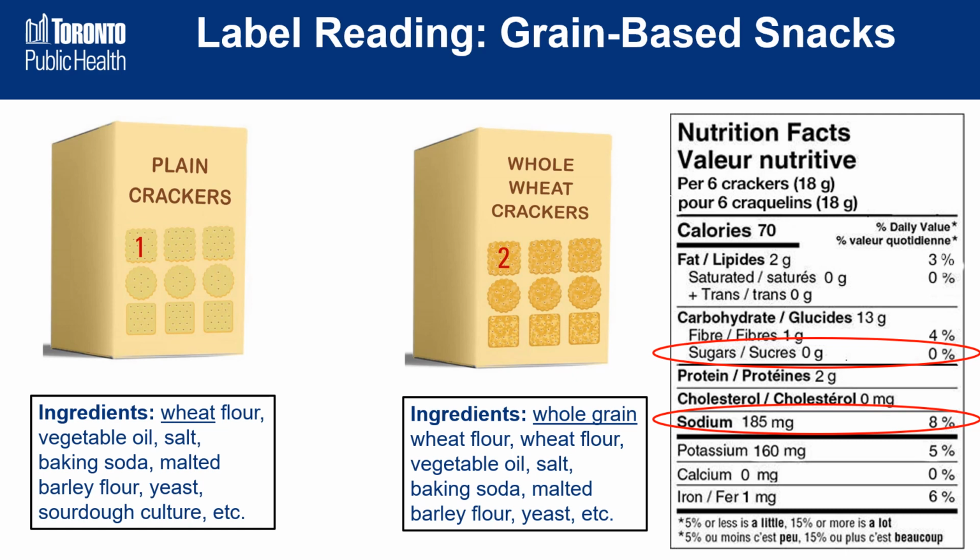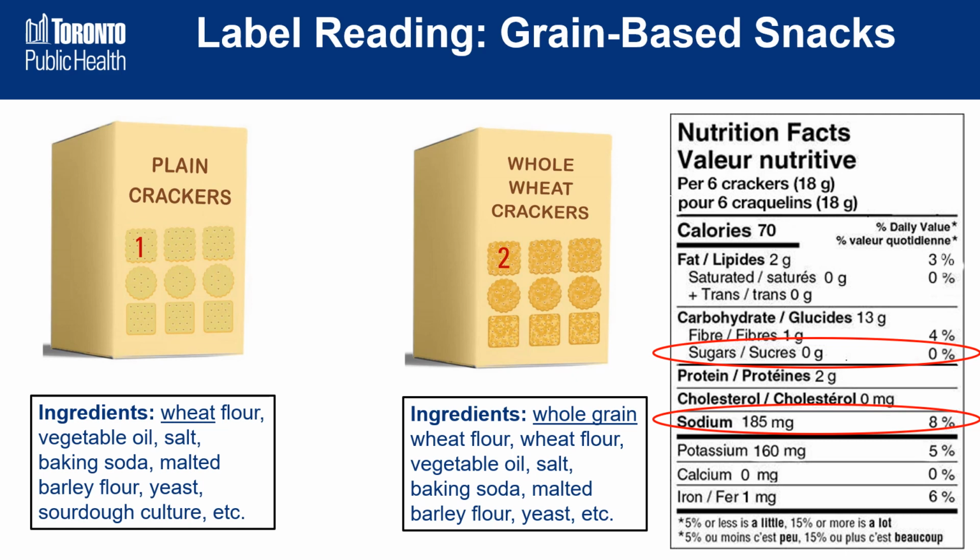For package 2 on the right, is whole grain, whole wheat, or bran the first ingredient? Yes, it is. Is the percent daily value for sodium less than or equal to 10%? Yes, it is.